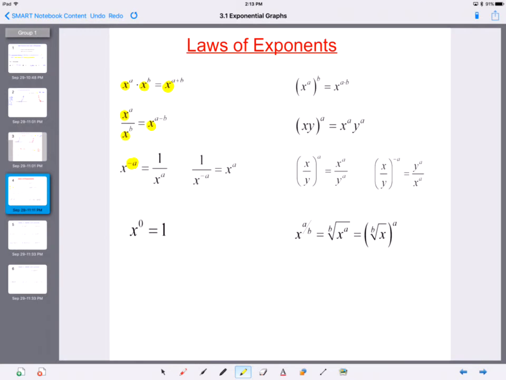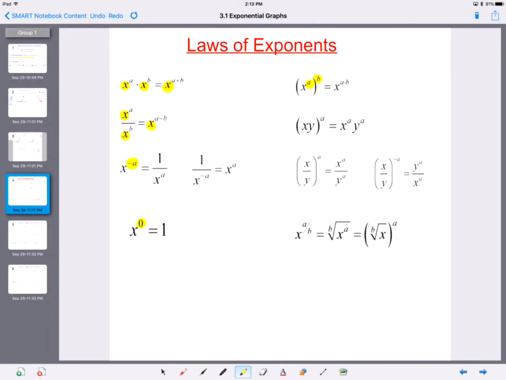Also, negative exponents, those are your reciprocals. So x raised to the negative a is 1 over x to the a, and it can go the other way as well. Your powers of 0, anything raised to the 0 power is 1. And then you have your power of power. When you have something raised to another power, another exponent, x raised to the a, raised to the b, then you multiply those two.